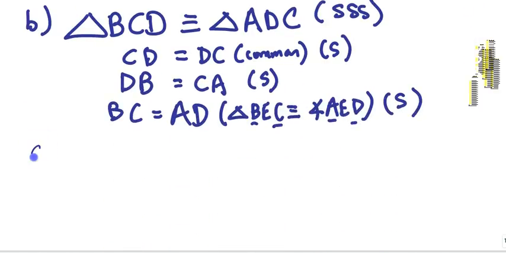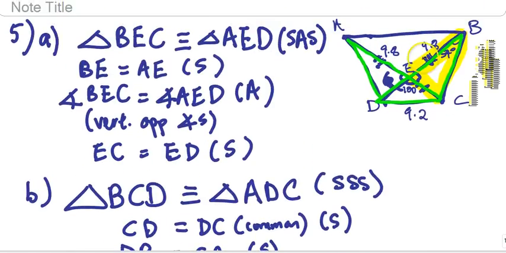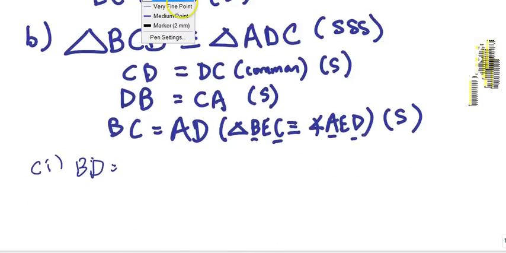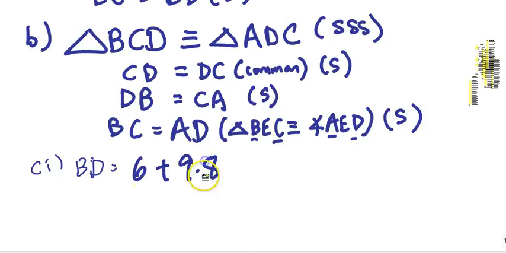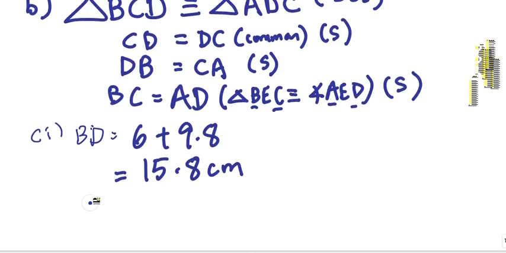Therefore, in part C, part 1, if I want to find BD, look over here, BD is just 6 plus 9.8. So BD is 6 plus 9.8 and you get 15.8 cm.